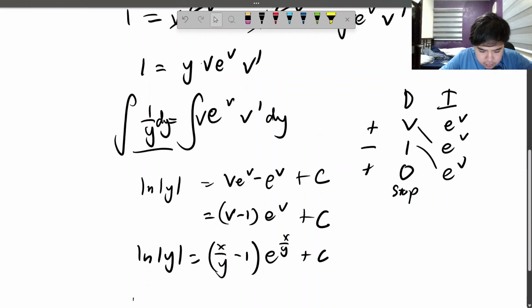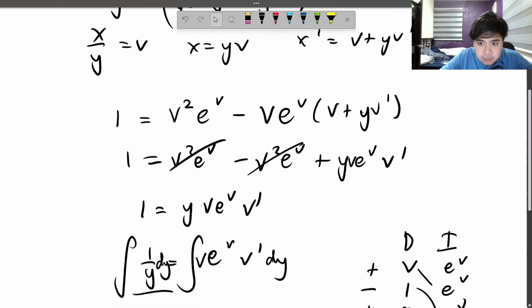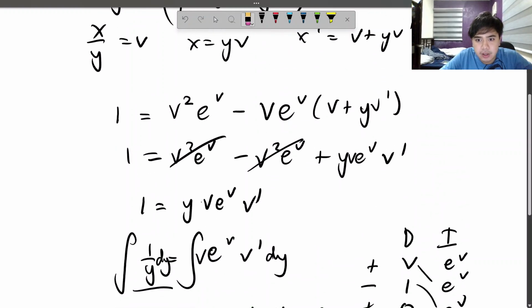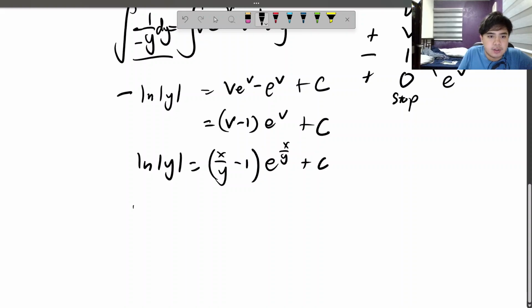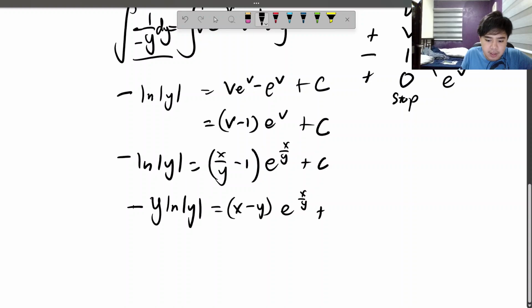Oh, sorry, I forgot to make this negative. In the process of making this negative, let's make this positive. Let's make this negative, so negative ln y on one side. So multiplying both sides by y gives us negative y ln y equals x minus y and then e to the x over y plus cy. And that's the answer.